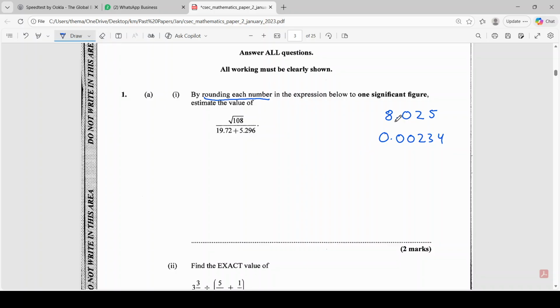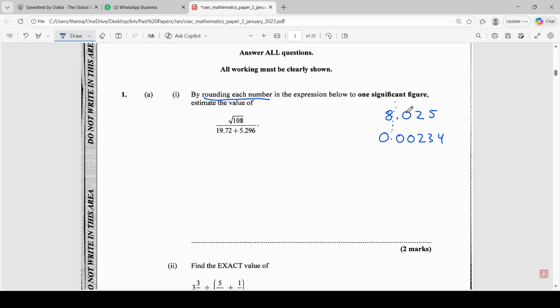Now, if we need to round a number to a significant figure or a particular decimal place, what we would do if we want this number to one significant figure: the first significant figure here is 8, so that means that is the only number we want. So we draw a line after the 8. The next digit is 0, which is less than 5, so we do not add 1 to this 8, so this remains as 8.